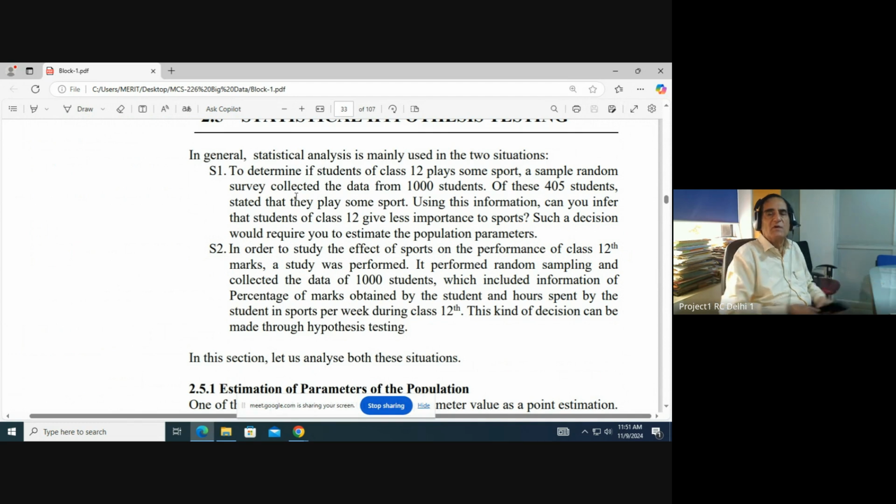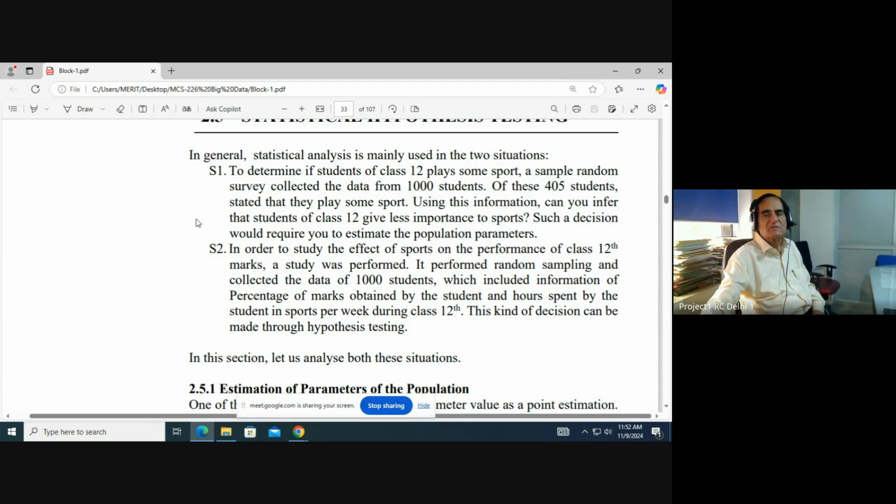Of these 1,000 students, 405 stated that they play some sport, using this information we can infer whether students of class 12 give less importance to sports, so that less than half play sports.